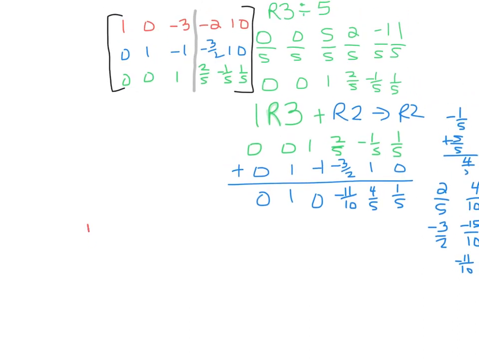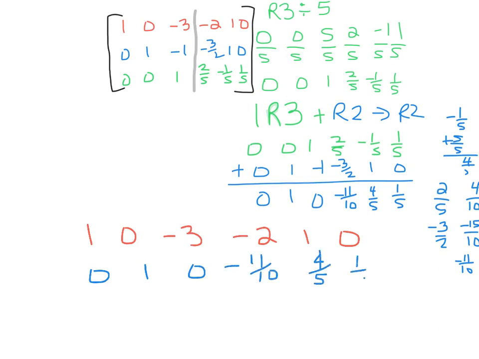So row 1, still the same. Row 2, in blue, -11/10, 4/5, 1/5. Green is done.